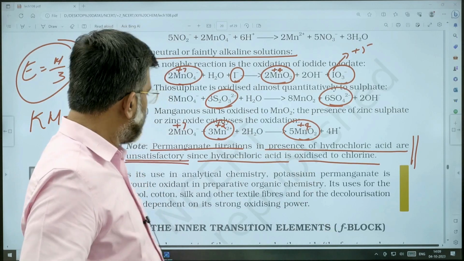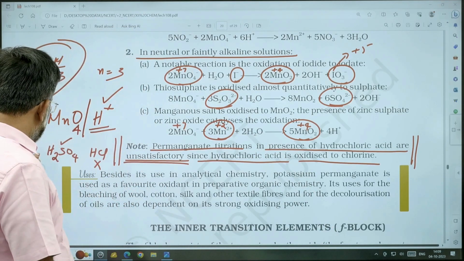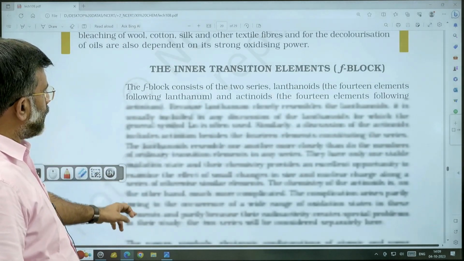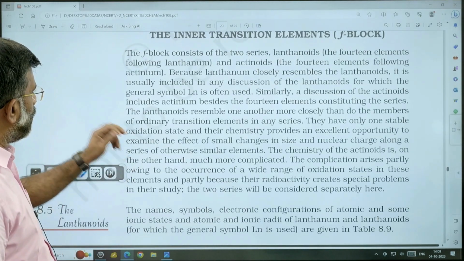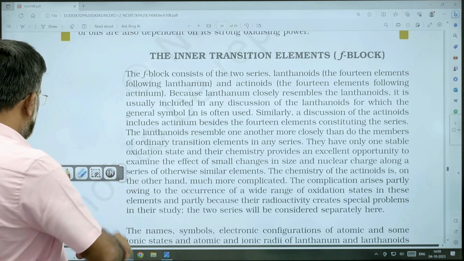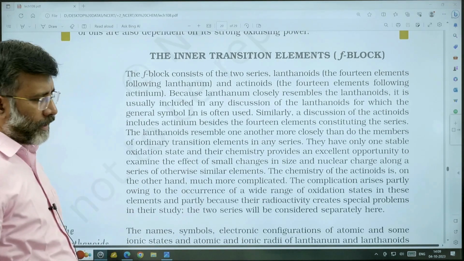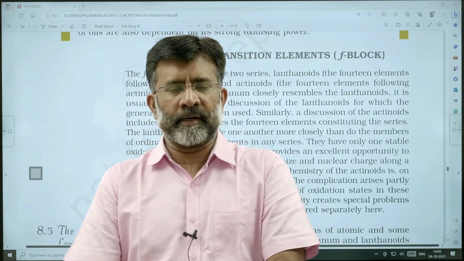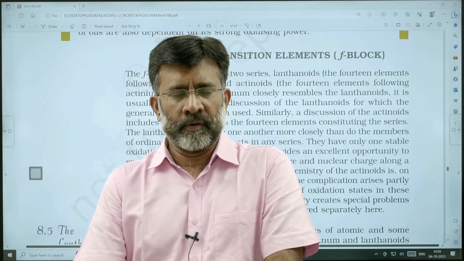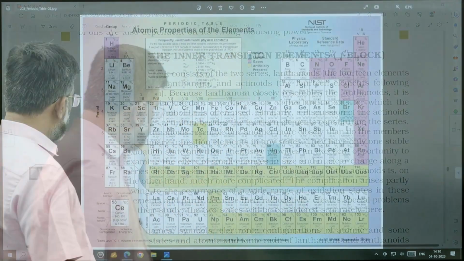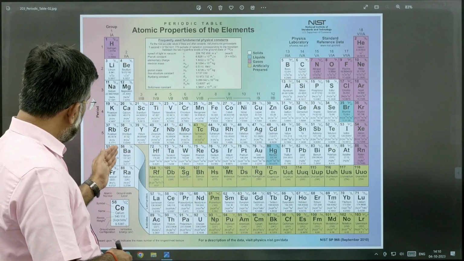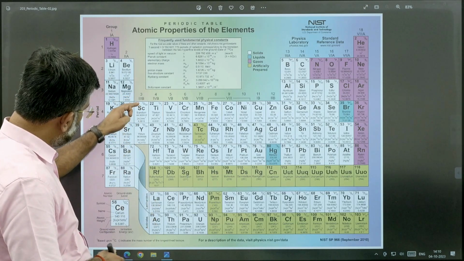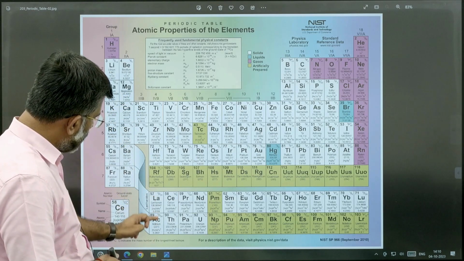Next is inner transition elements, the f block elements. As already discussed, there are two series, lanthanoids and actinoids. Coming as a continuation of lanthanum, in the third group we have scandium, yttrium, lanthanum, actinium.